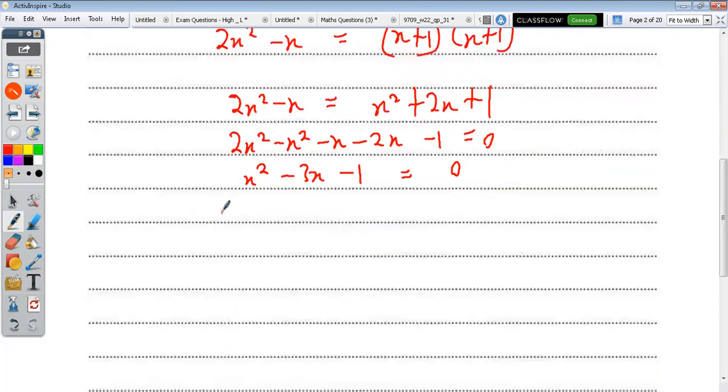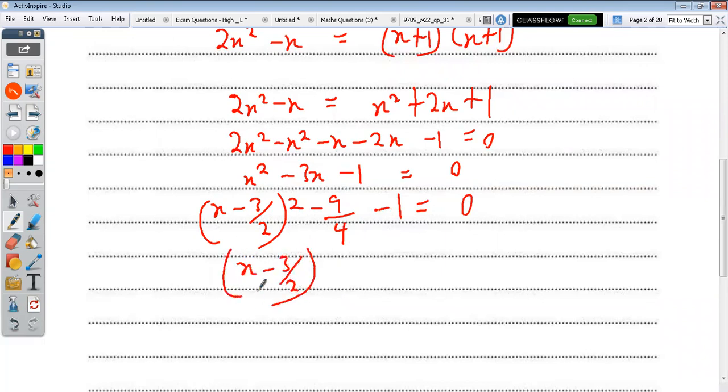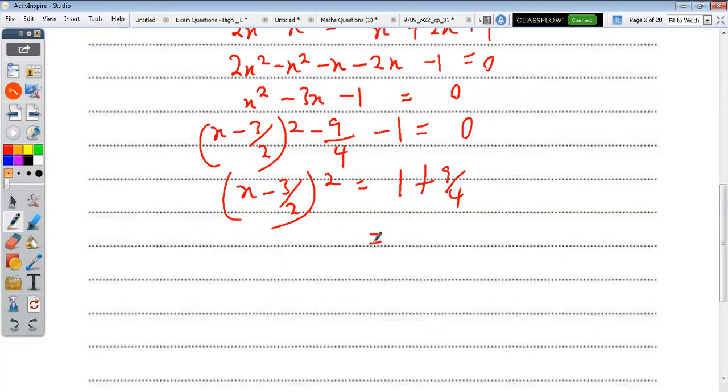Then same, completing the square: (x minus 3 over 2) squared minus the square of that, 9 over denominator 4, minus 1 is equal to 0. Therefore, (x minus 3 over 2) squared is equal to 1 plus 9 over 4, which gives you 13 over 4.